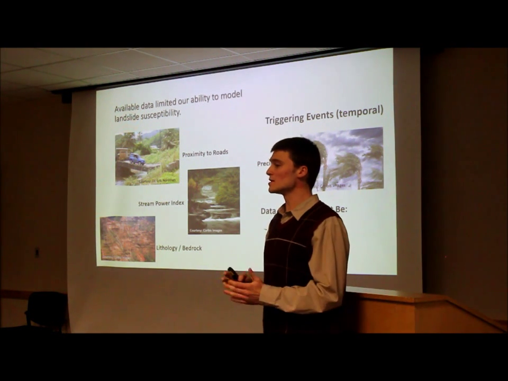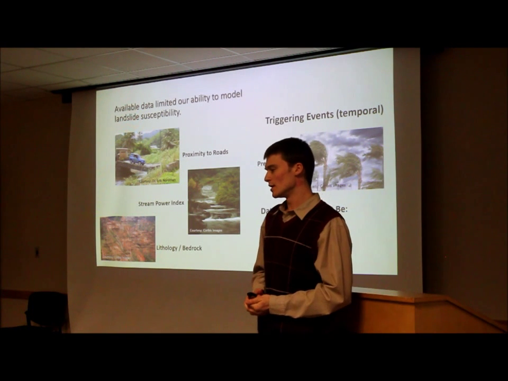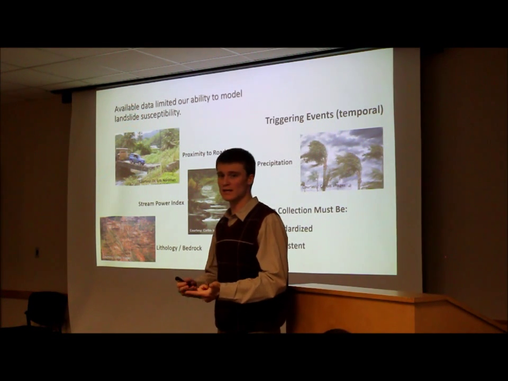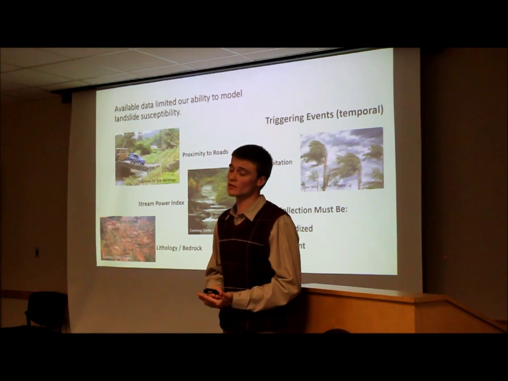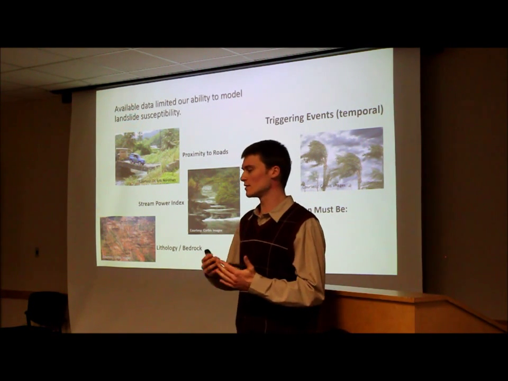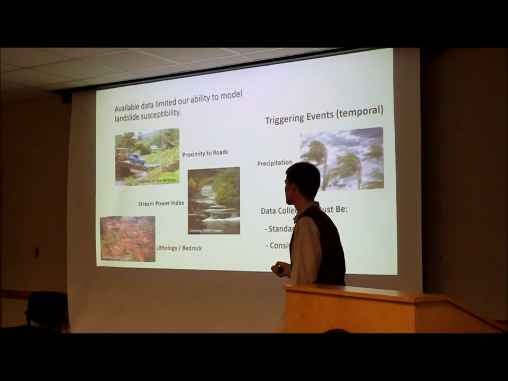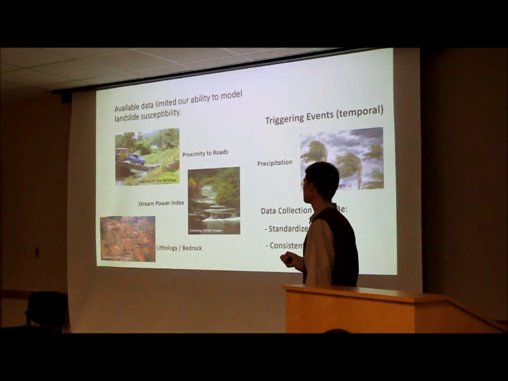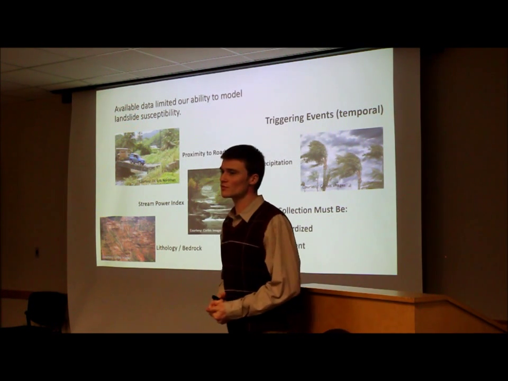So, as I mentioned before, we had a limited amount of data that was available to us. So we had slope and aspect data, spatial data available to us. We think our logistic regression model would be strengthened a lot if there was more data. So based on the literature in other areas of the world, proximity to the road seems like it would be very useful to have.